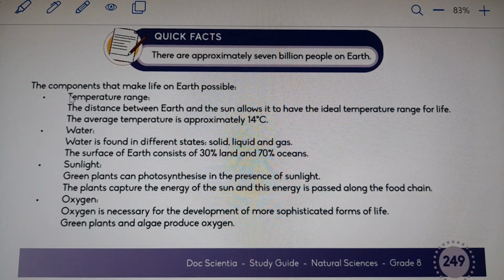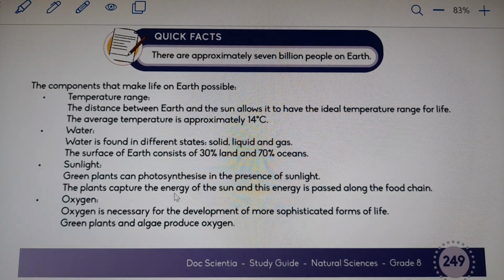Okay, so let's go through each one. The distance between the Earth and the Sun allows it to have an ideal temperature range for life. The average temperature is approximately 14 degrees Celsius. And then water is found in different states: solid, liquid, gas. And the surface of Earth consists of 30% land and 70% oceans. And then for the sunlight, green plants can photosynthesize in the presence of sunlight.